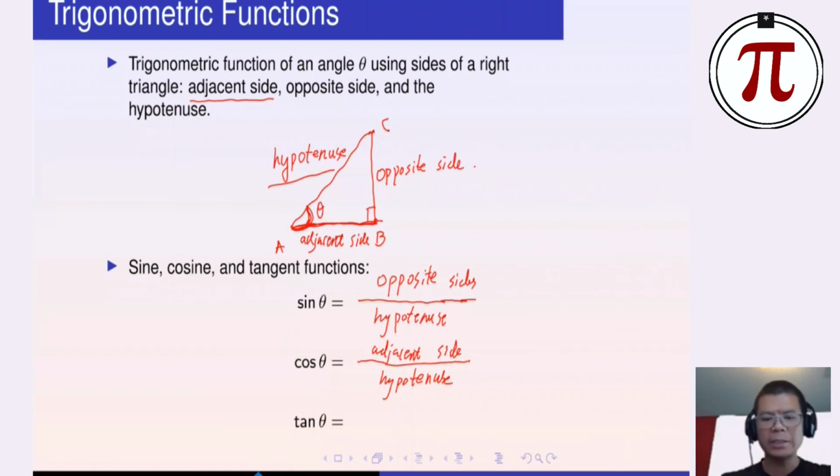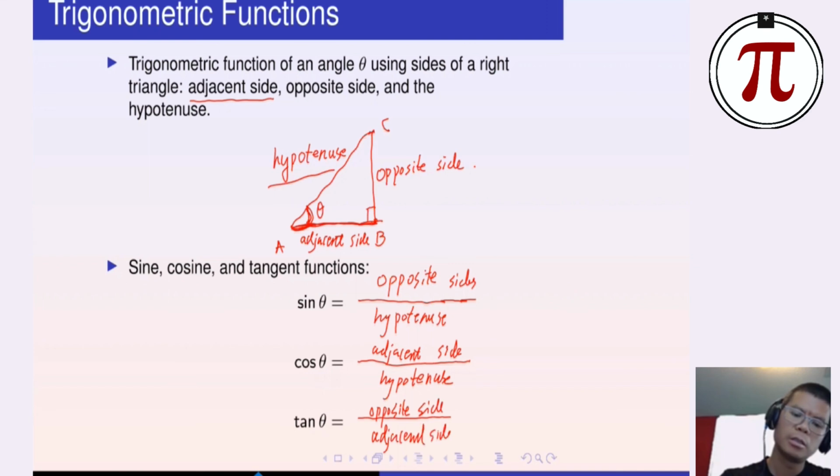And tangent theta is what? It is the opposite side over the adjacent side. Over adjacent. Okay. Did you see the definition here? Okay. Very good.